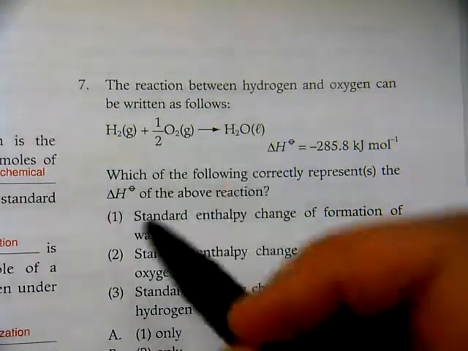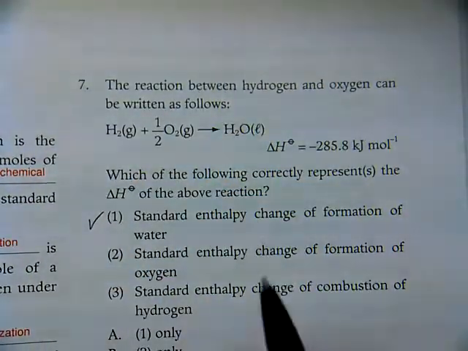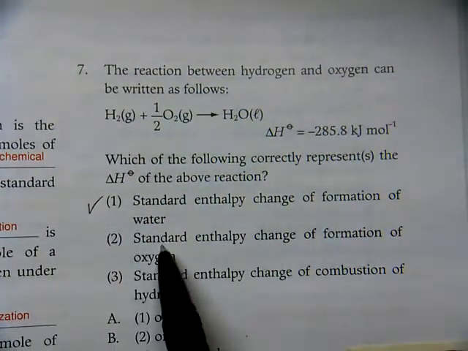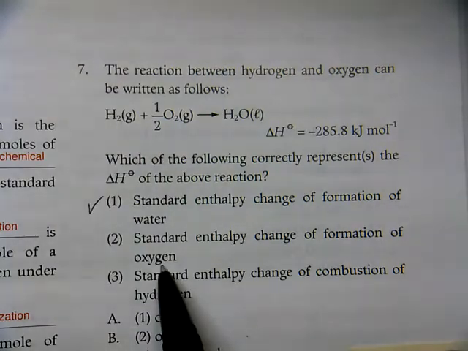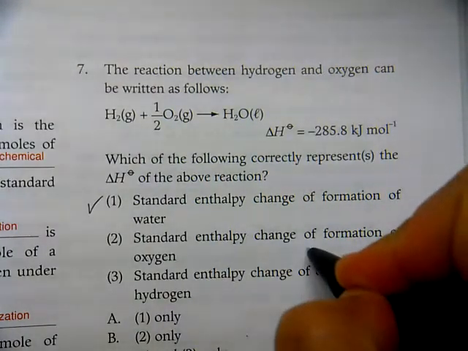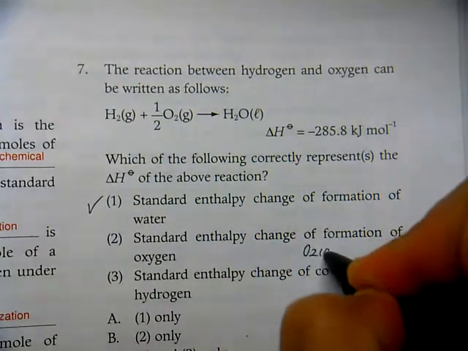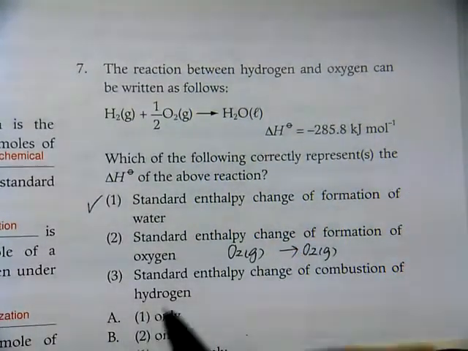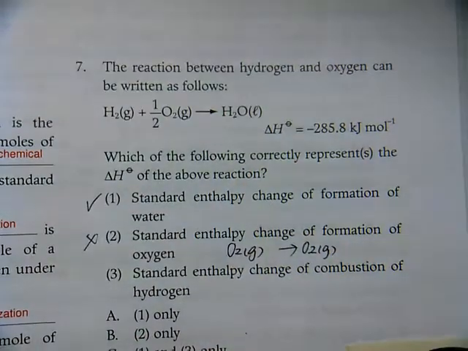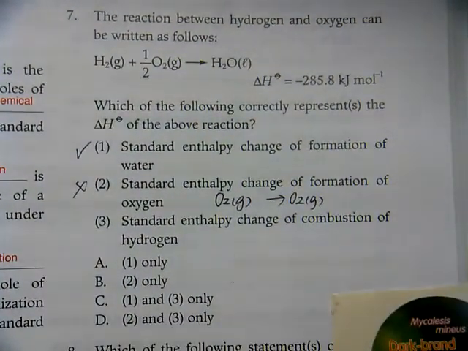Yes, it's exactly the same. So number 1 is correct. Number 2, standard enthalpy change of formation of oxygen. Formation of oxygen should be referred to this equation: formation of oxygen from its element. Its element is also oxygen. Therefore, obviously, 2 is wrong.